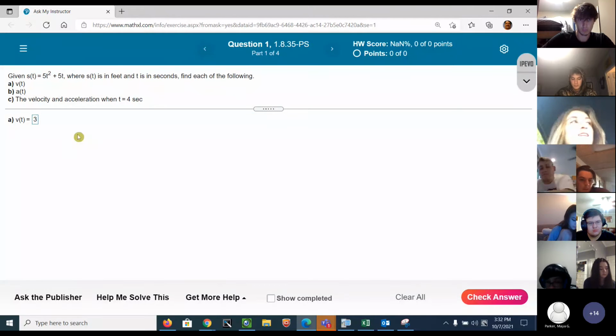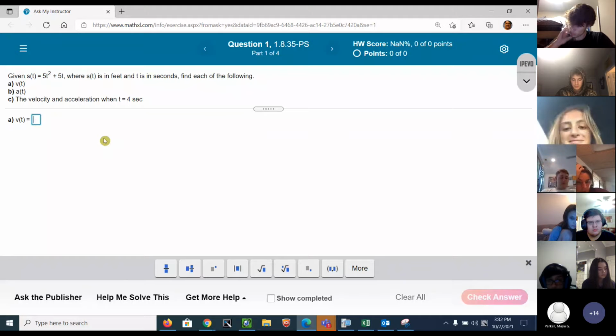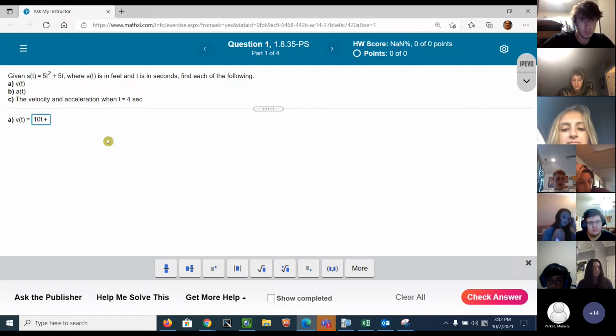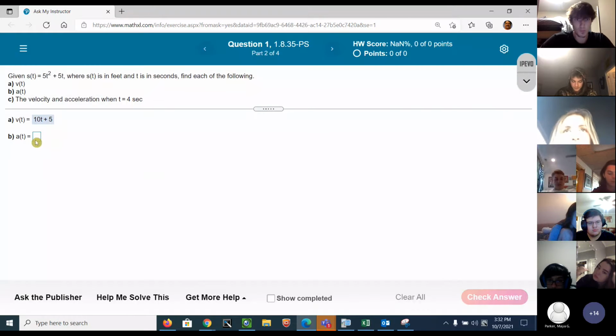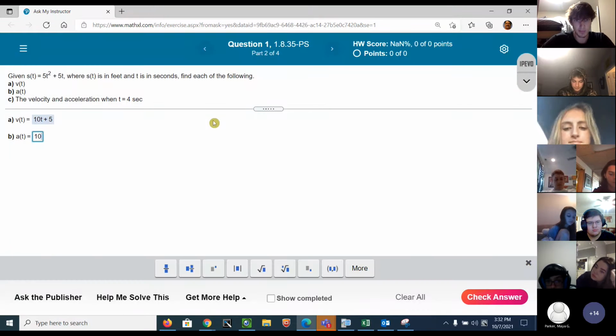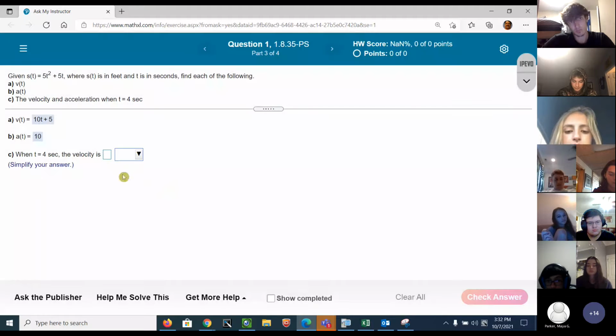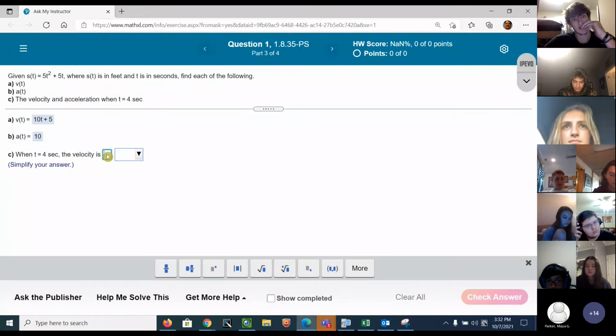Well, I guess I could type it in. It's real short. So what is it? 10t plus 5. And then the second function is 10. And then the velocity is 45.